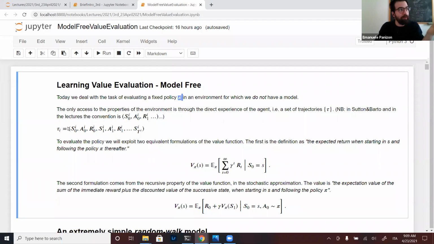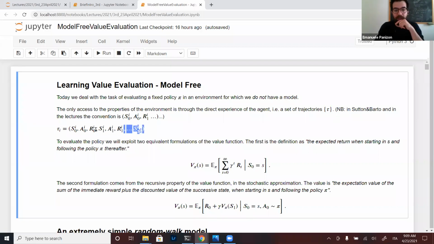We can produce trajectories, which are just the set of consecutive state, action, and reward. The state is exactly the state I'm in. I do an action following my policy. I get a reward, a new state, and I follow it until termination. And I can do as many trajectories as I want. This is the only information I have on the model.